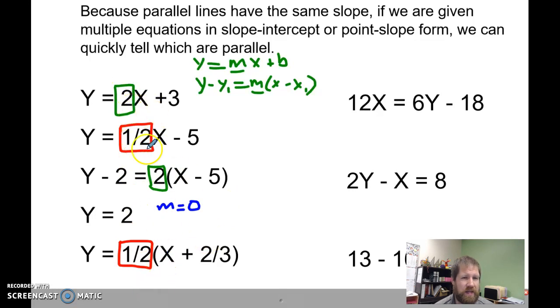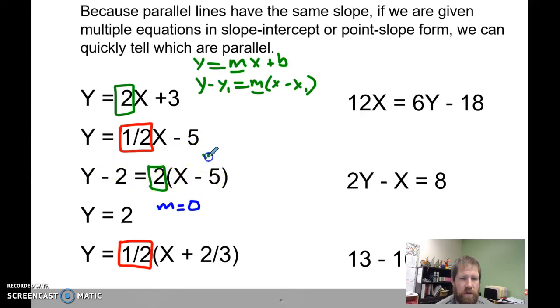To really tell whether they're parallel or whether they're the same line, we have to make sure that their y-intercepts are different, or that they run through a different y value at any x value. That's a different way of doing it, but you can also do it that way. So the first way is just to put both of these equations in the same form. I'd have 2x, and 2 times -5 is going to be -10.